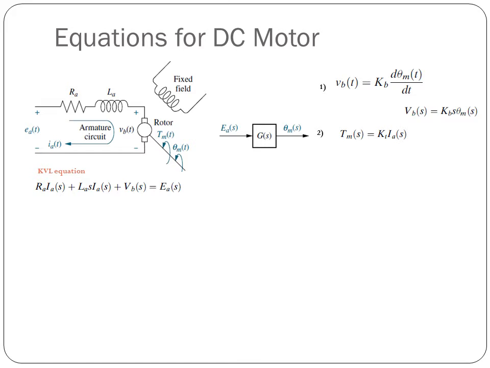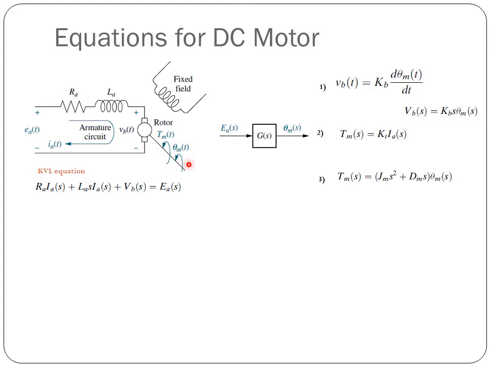So this is a constant here, Kt. And we will also use our previous knowledge on mechanical systems, that is Tm is equal to theta m into some impedance, right? Here we have written some inertia Jm s square plus Dm, which is the viscous damper, into s. So this Jm or Dm are connected to this rotor.